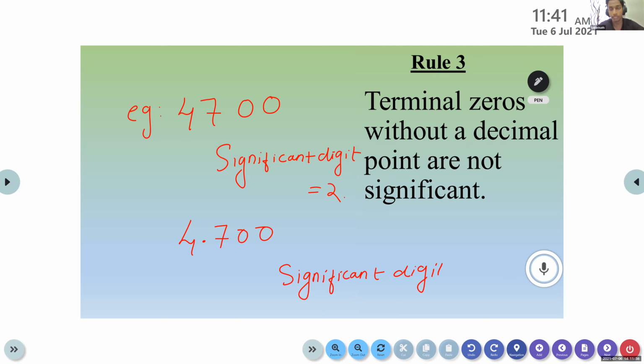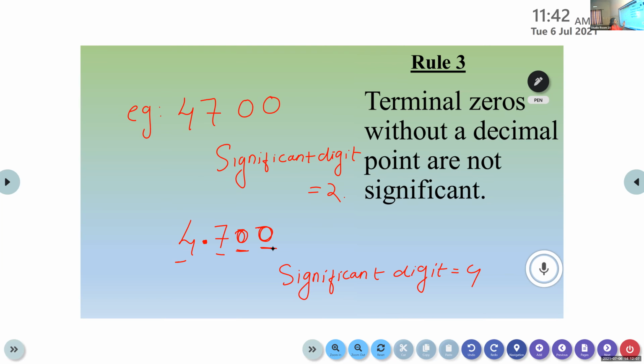Yes, very good. Because according to rule 3, terminal zeros without a decimal point are not significant, but the terminal zeros with a decimal point are significant. Here we have a decimal point, so we have to consider these two zeros, because these two zeros are coming after the decimal point.